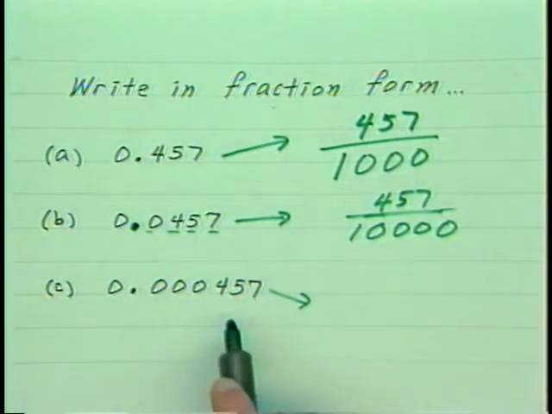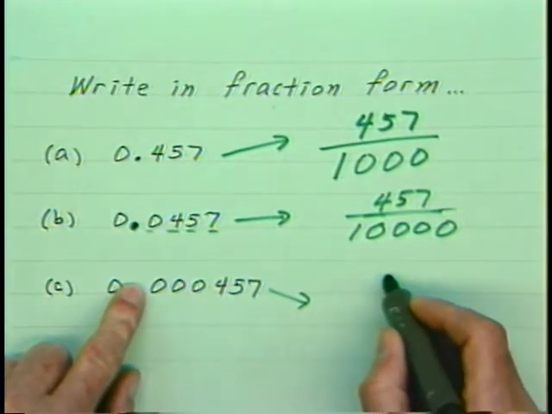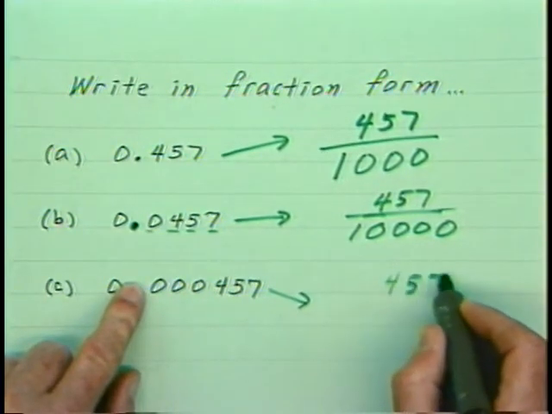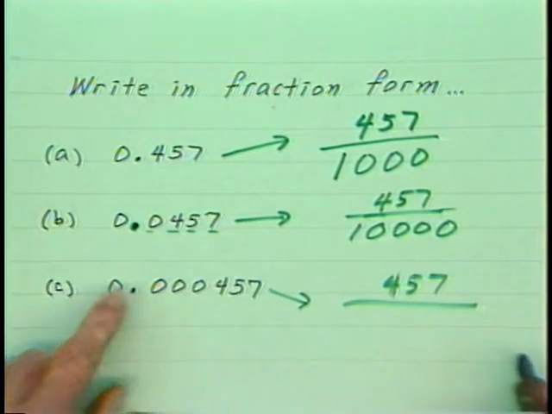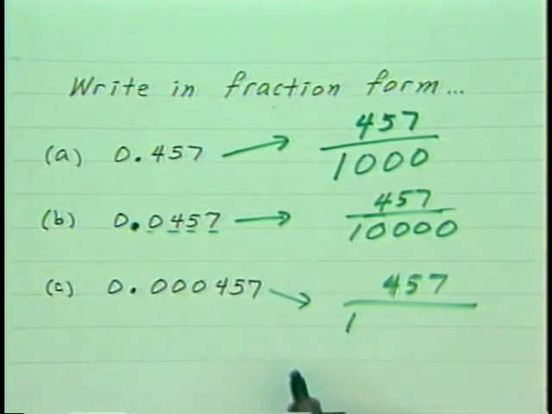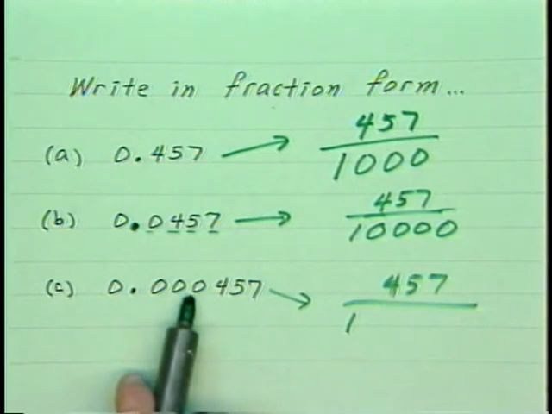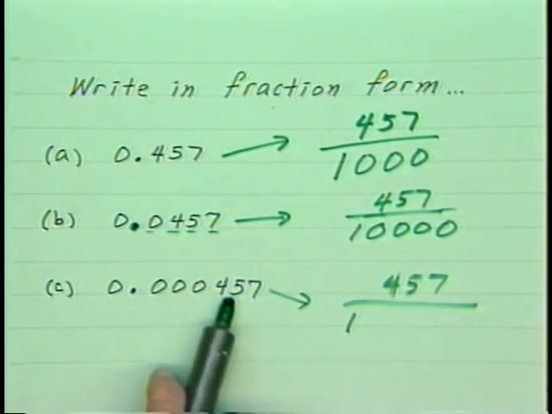And the last one we still have without the decimal point, 457. But now shortcut-wise, over a 1 followed by counting decimal places now, starting at the decimal point. So there's 1, 2, 3, 4, 5, 6.